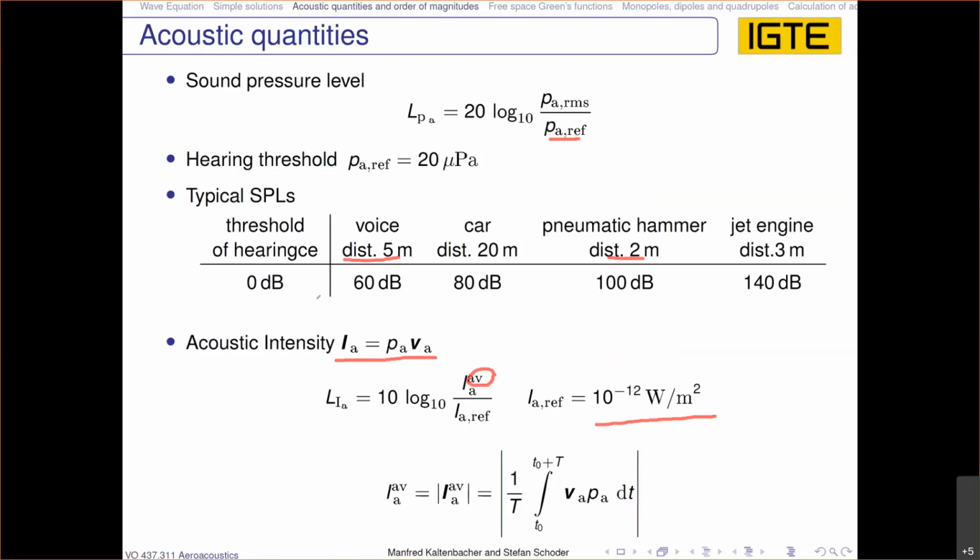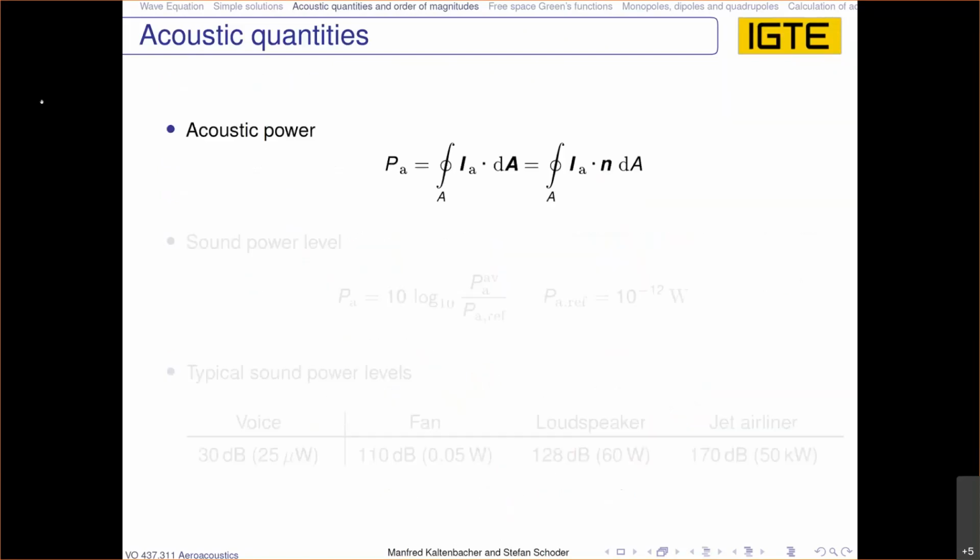And if you integrate the intensity over the closed surface, so you have a motor, you have to measure your intensity all around the motor, and then with all the values you have obtained, you get the acoustic power, a very important quantity.